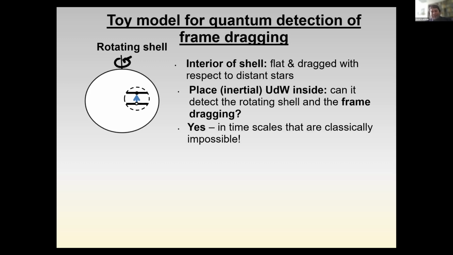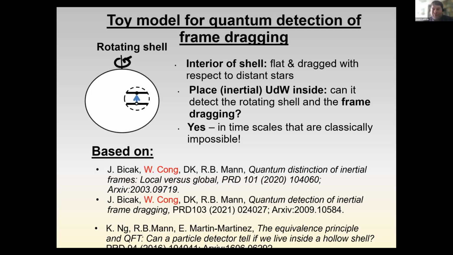And the summary is yes. And actually, this can happen in time scales which are much faster than would be possible classically. Classically, you would have to send a signal from the detector to the shell. The signal would have to bounce back, and then you would know that the detector is inside the shell, and then the shell is actually rotating. Quantum mechanically, even from vacuum, you can detect that almost immediately.